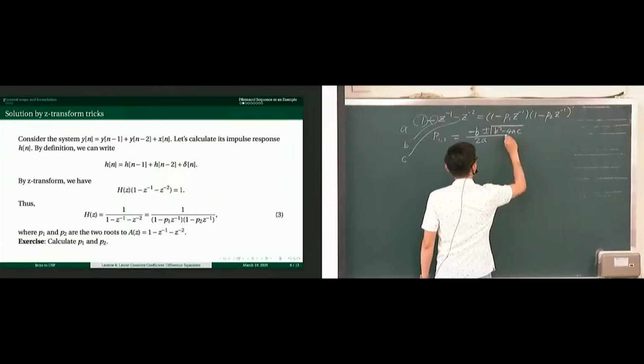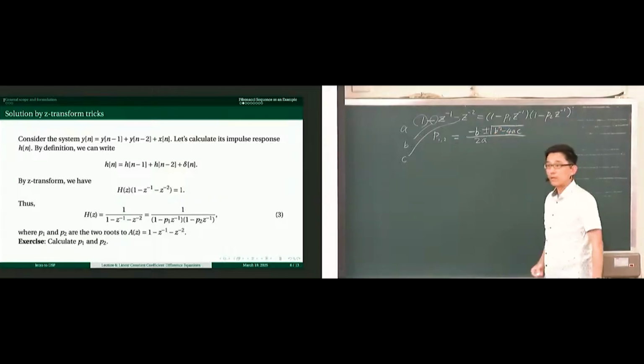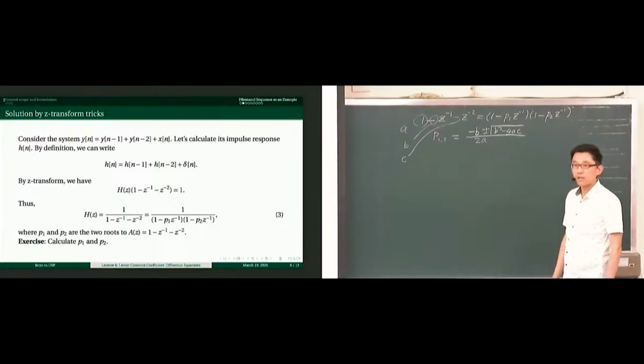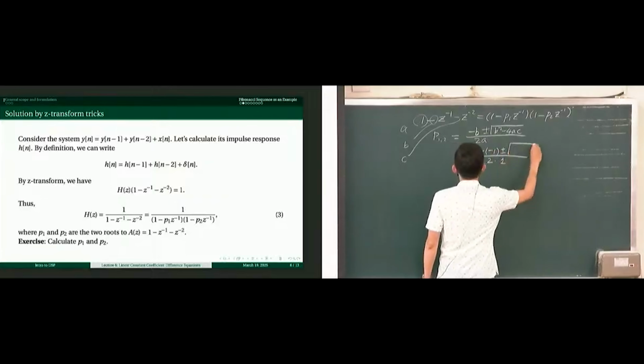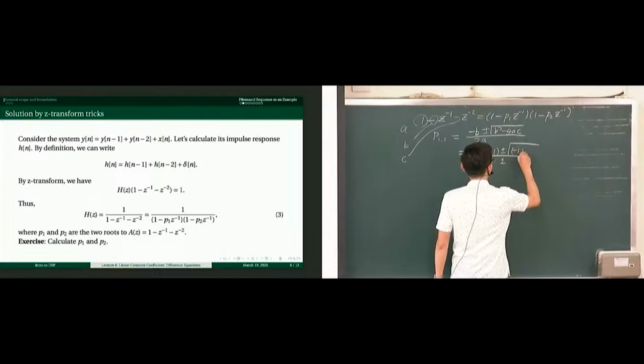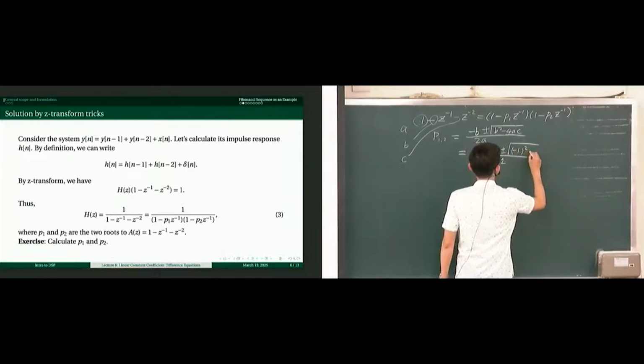Seriously, this is nothing but that. So this equals 1 minus B, minus of minus 1, plus or minus the square root of B squared minus 4 times A times C. Seriously, that's that.